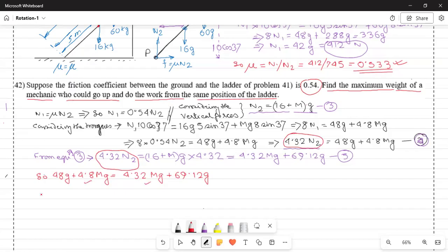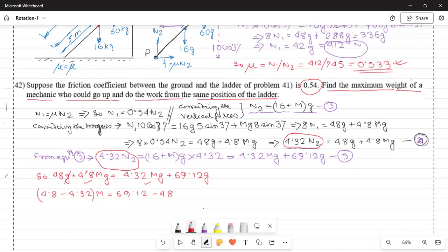So what we are left with is (4.8 minus 4.32) into capital M is equal to 69.12 minus 48.